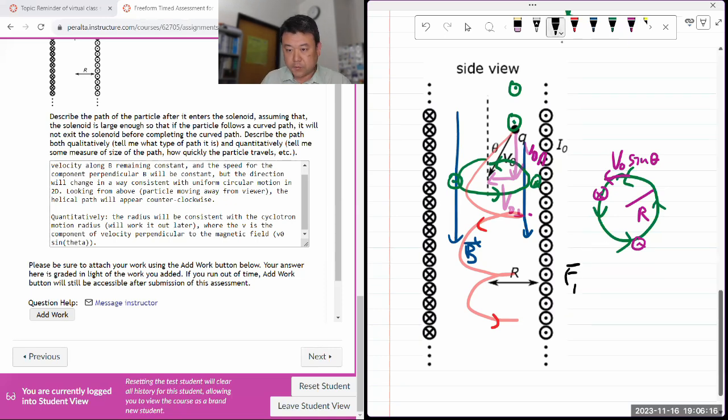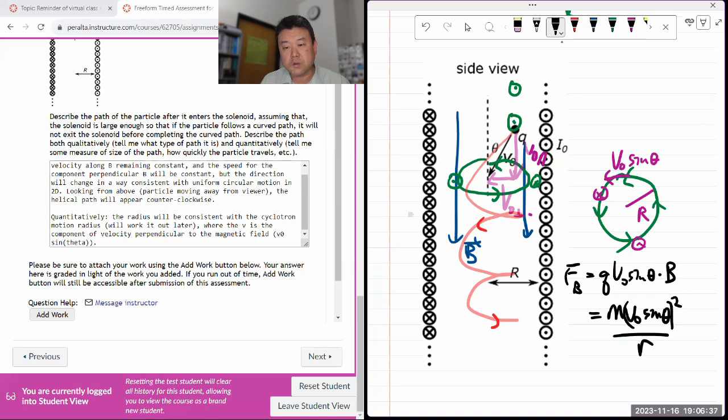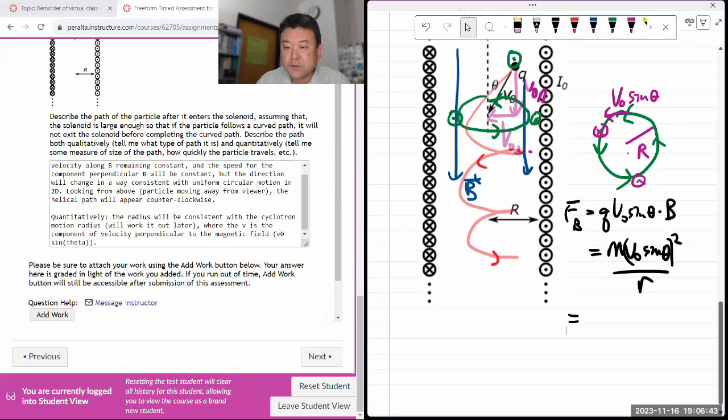The magnetic force is gonna be Q, this component V naught sine theta times B, and this should be equal to the centripetal force, M V naught sine theta squared over R. I'm just ignoring the parallel component. I can do that. You can also do like shift of reference frame.